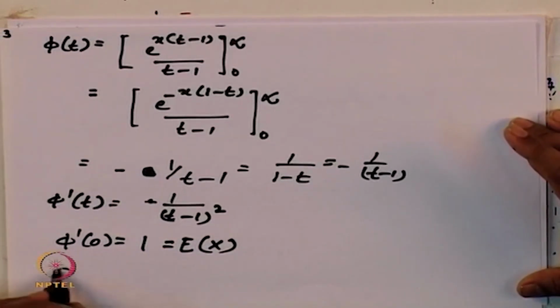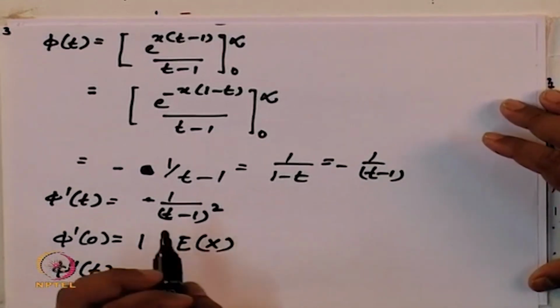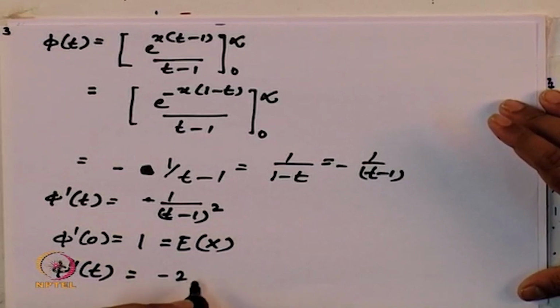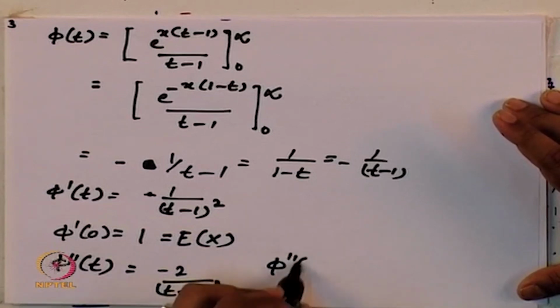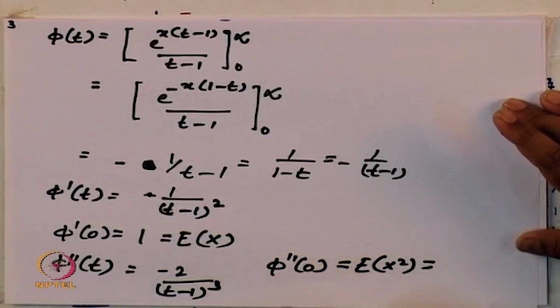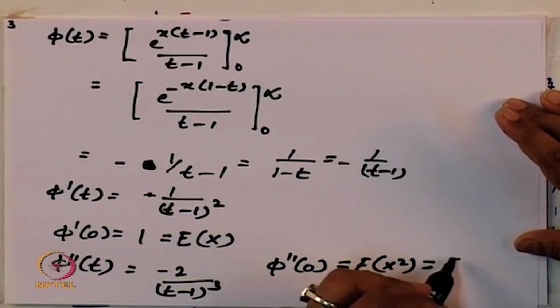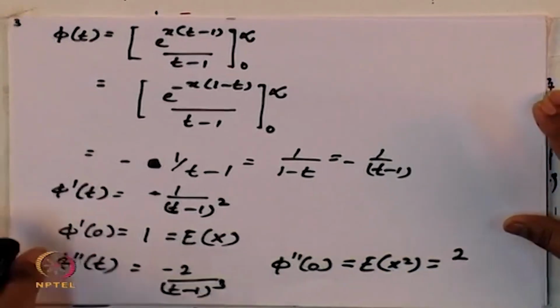Okay. So I can accordingly find phi double prime of t, which is equal to minus 2 by (t minus 1) whole cubed. Okay. So phi double prime of 0 is equal to 2. This will return me a value of 2.